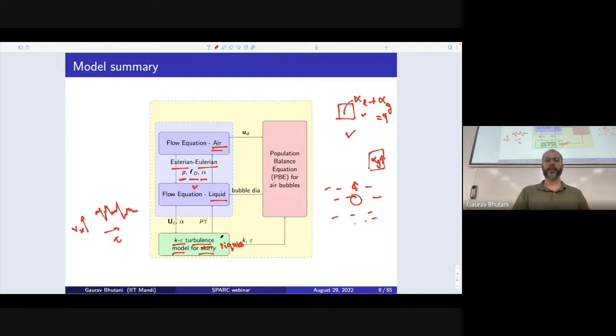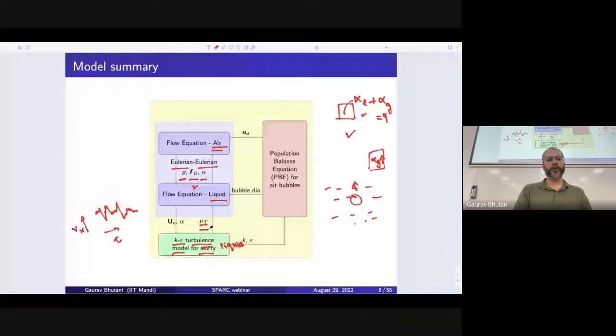Similarly, since turbulence is mixing but on a larger scale, we add a turbulent viscosity to the liquid viscosity, the molecular viscosity, and that is the only way turbulence affects the flow behavior in this case. It's a very standard way of modeling turbulence, the K epsilon model. We will not go into much detail, but the idea here is we want to understand how the interaction between the models is happening.